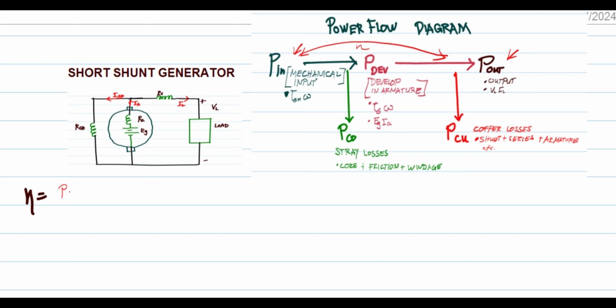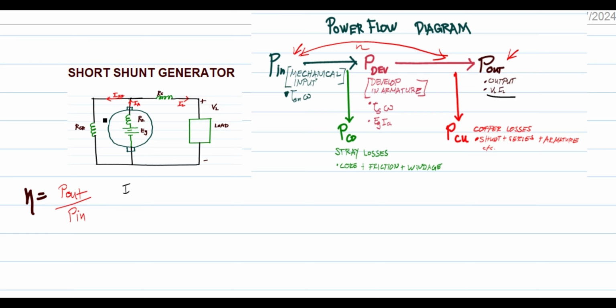Okay, let's start with finding the P out. Now P out can be found by VL times IL. VL is given and IL is already given.